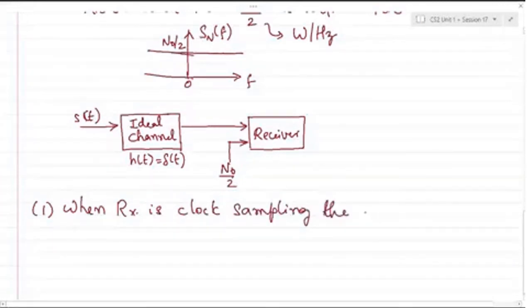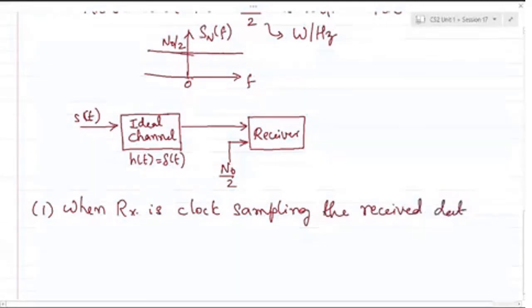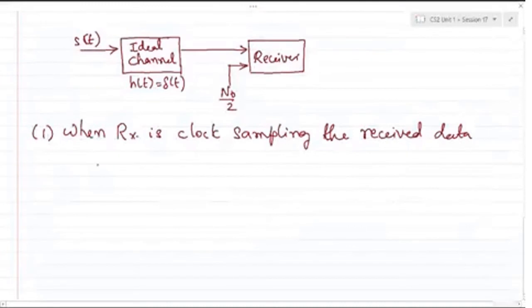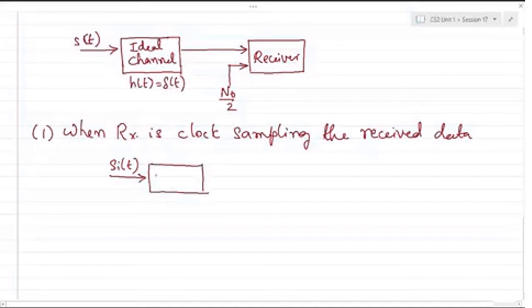The signal is received, say s_i(t), through the ideal channel delta(t).